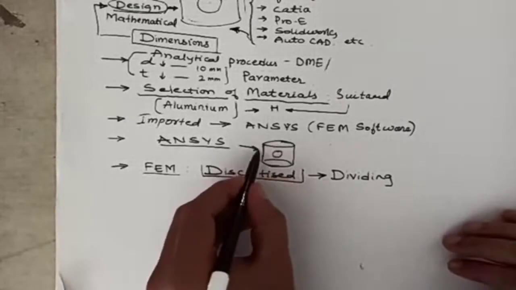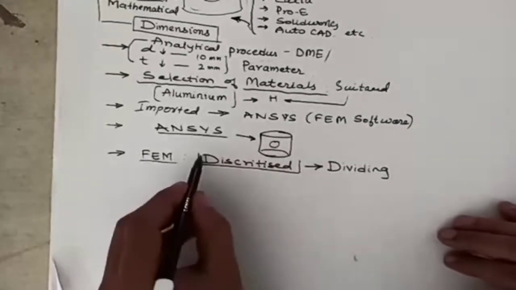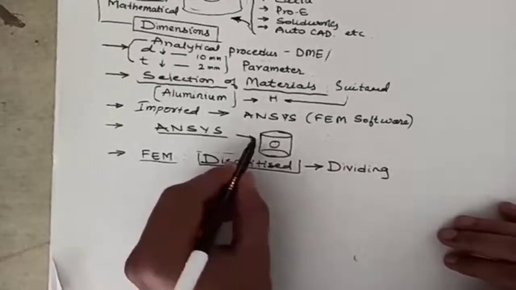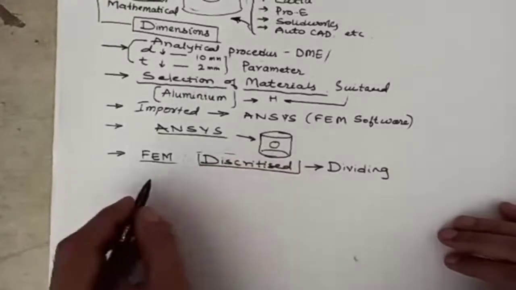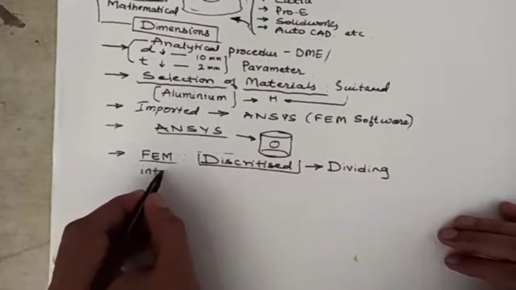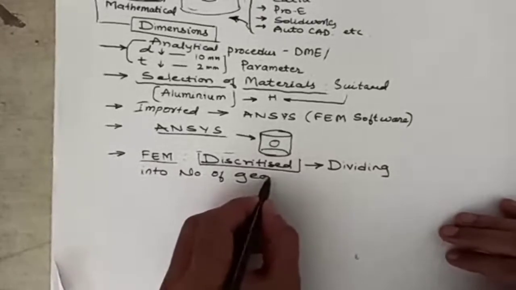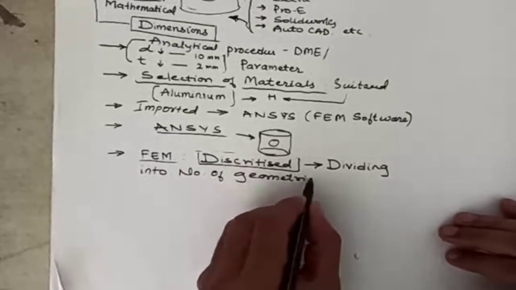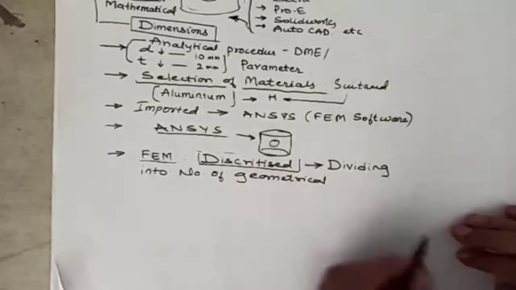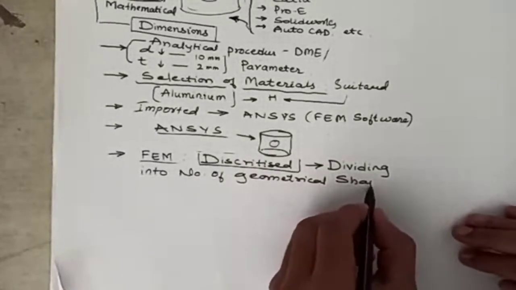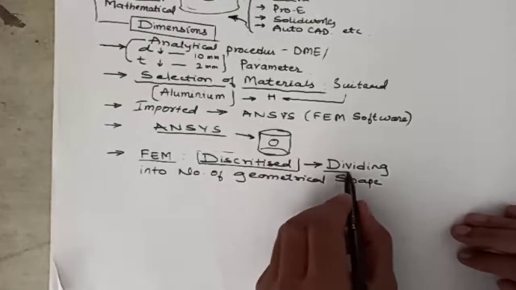This is your element, it is your model. Now you have to discretize, meaning divide the model into a number of geometrical shapes. What do you mean by divide the domain?